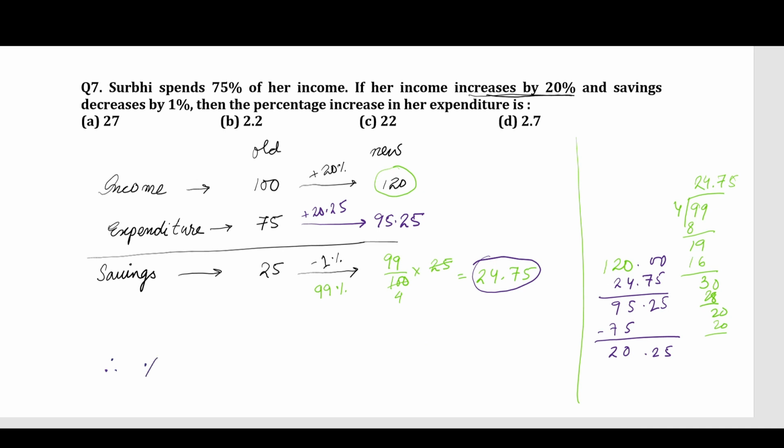Therefore, the percentage increase in expenditure: the increase is 20.25 out of 75, into 100.